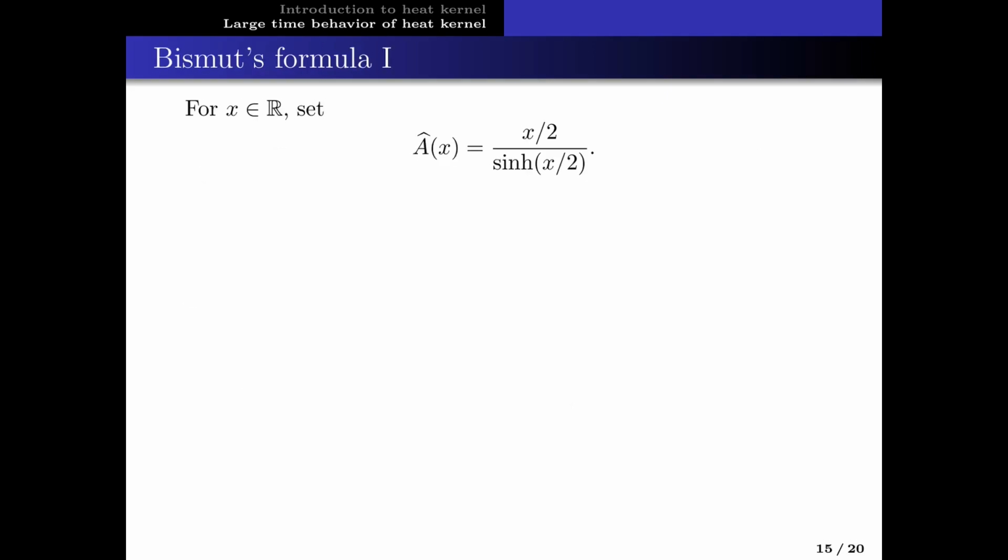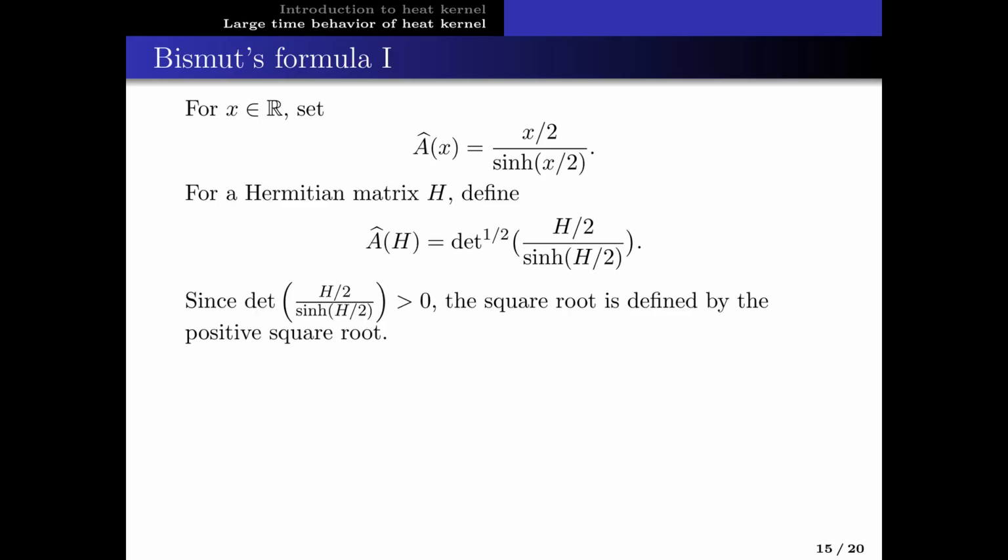This formula starts with something we have all seen, a kind of hyperbolic function on the real line. You can see the hyperbolic function here in x. Now what we will do is put the curvature matrix into this variable x. Because it is a Hermitian matrix, we can diagonalize it, so this is always well defined. Furthermore, because it is always positive, we take the square root.